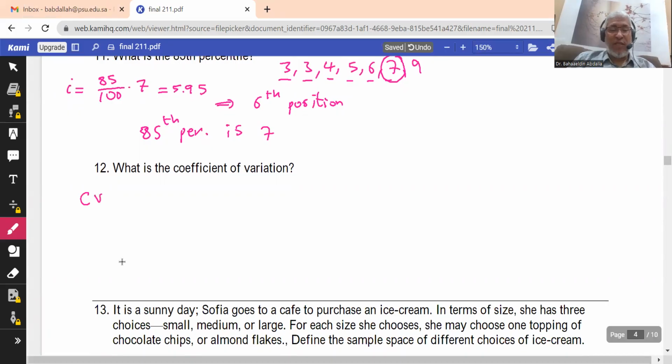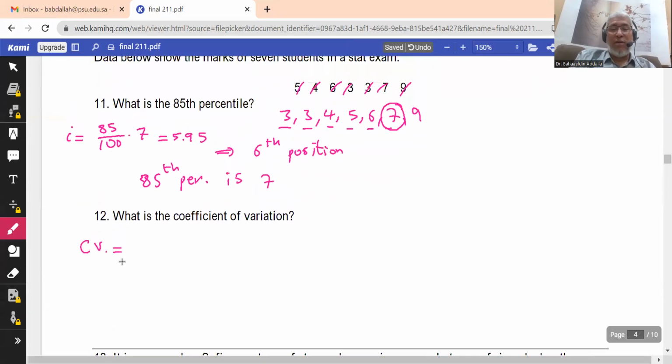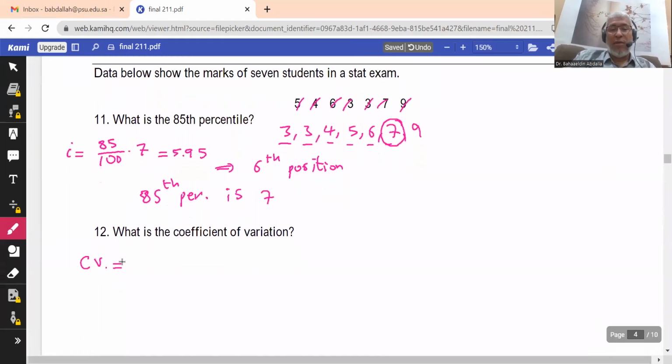What is the coefficient of variation? Coefficient of variation is defined to be, if you use the population symbols, you can also use the sample symbols here. The definition is sigma over mu times 100%.